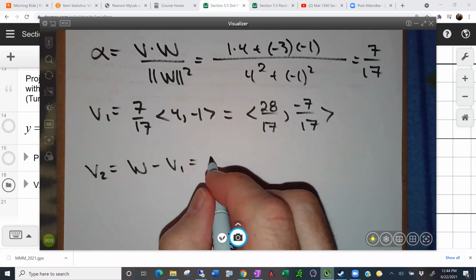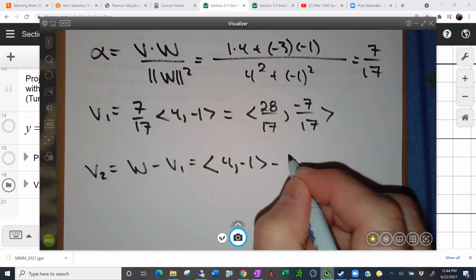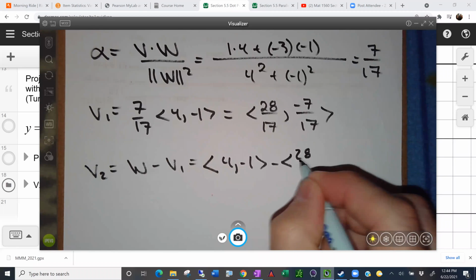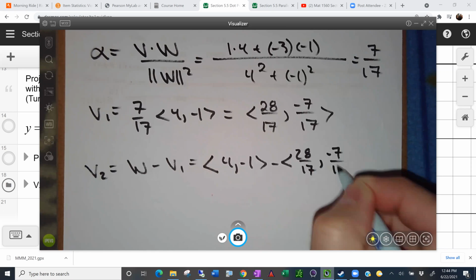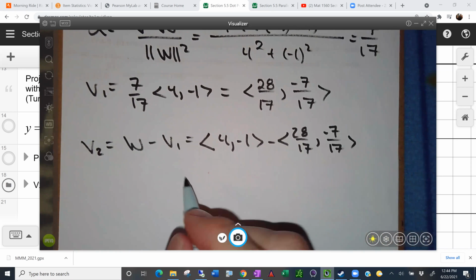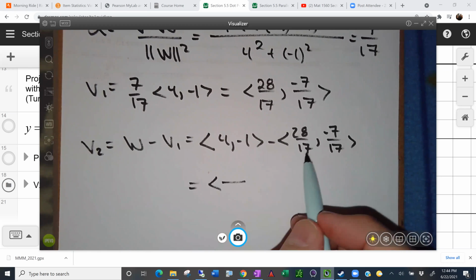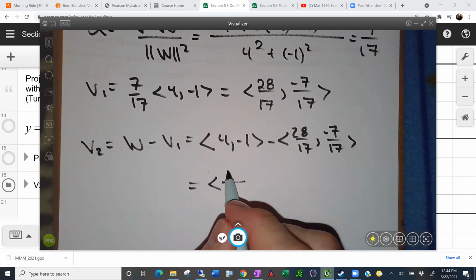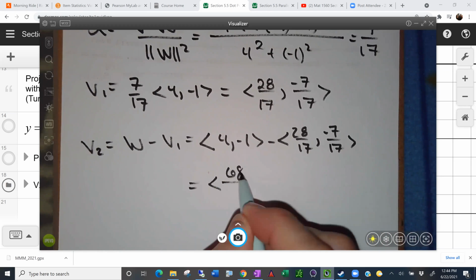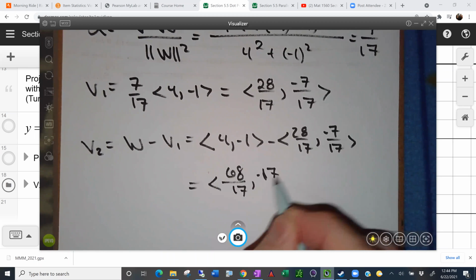W was 4, -1, minus 28 over 17, comma -7 over 17. Like the last one, I need friendlier numbers, or at least numbers with the same denominator. So this is going to be 68 over 17 minus 17 over 17.